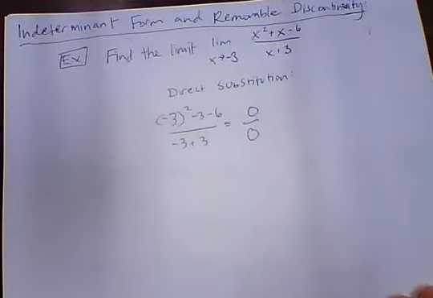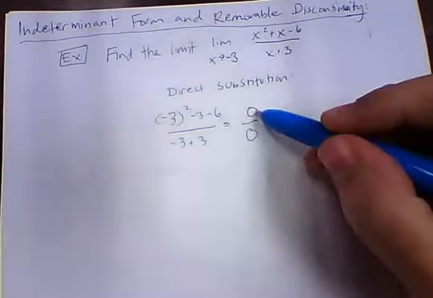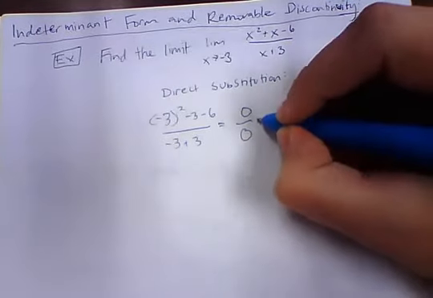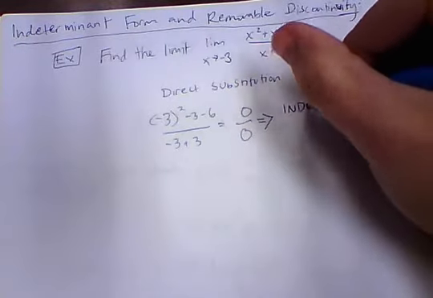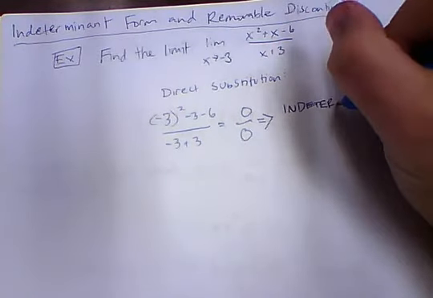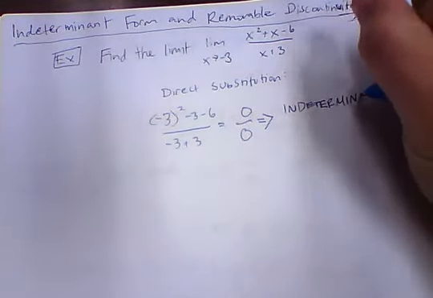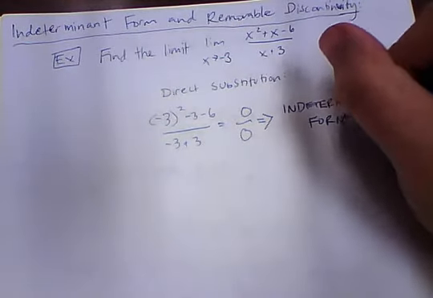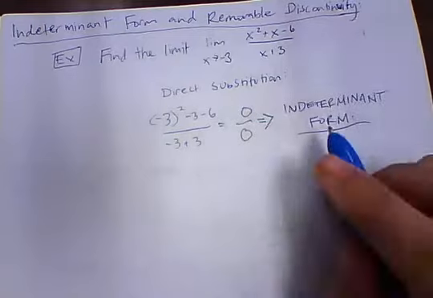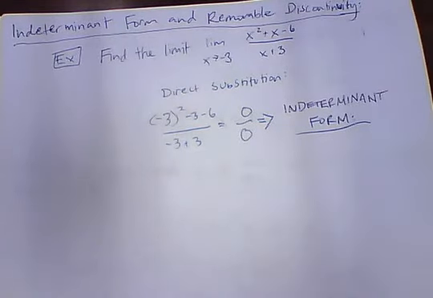Now, whenever direct substitution yields this 0 over 0, this is called, I want you to write this down, indeterminate form. And let's write about that for a second.